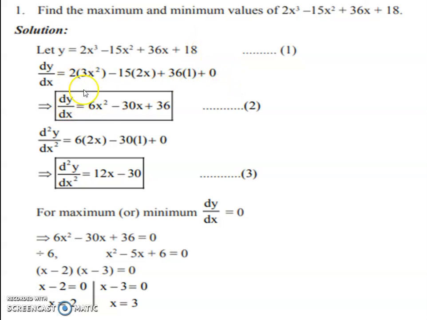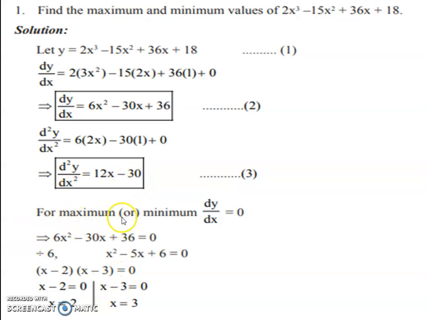Now we have 3 into 2, 6x square, 15 into 2, 30x, plus 36, which is our dy by dx. Now we take the derivative again: 6 into 2 is 12x, the derivative of x is 1, and of 36 is 0. Now d square y upon dx square is 12x minus 30.